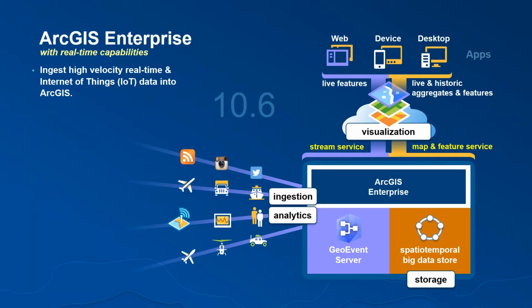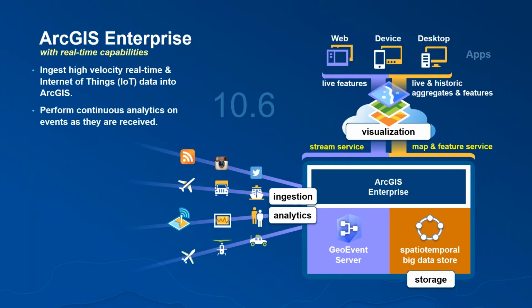GeoEvent Server, the purple box on the lower left corner, can do many things. First, it can ingest high-velocity real-time data into ArcGIS. The data may be coming from aircraft, ship transponders, vehicle GPS devices, smartphones, and other sensors like traffic sensors, environmental sensors, etc.